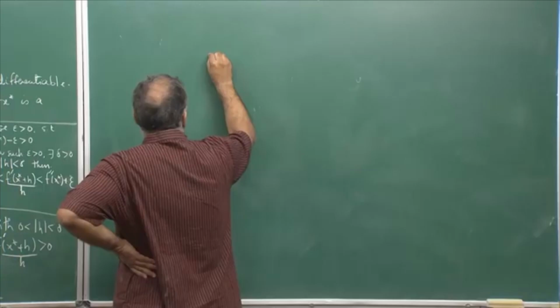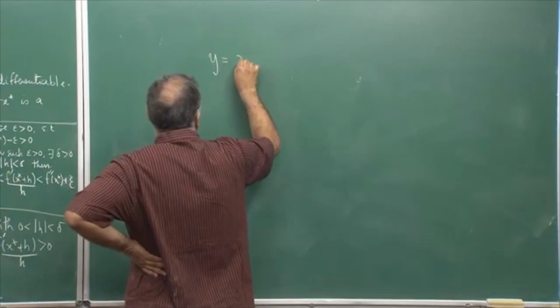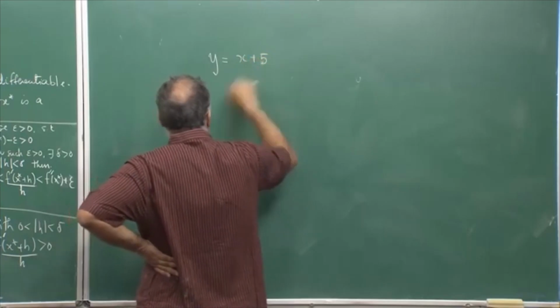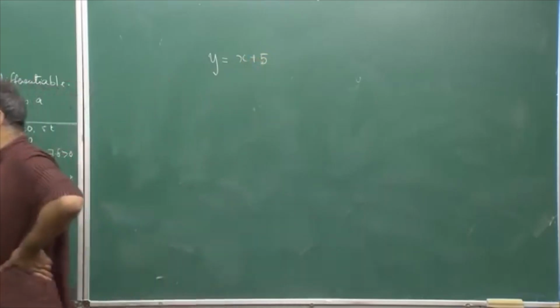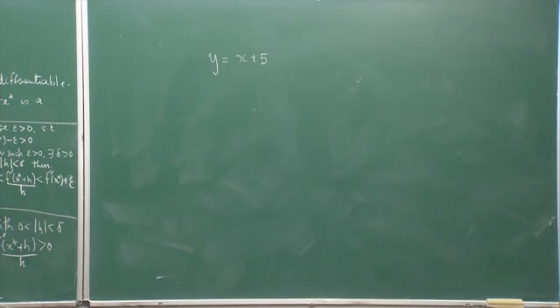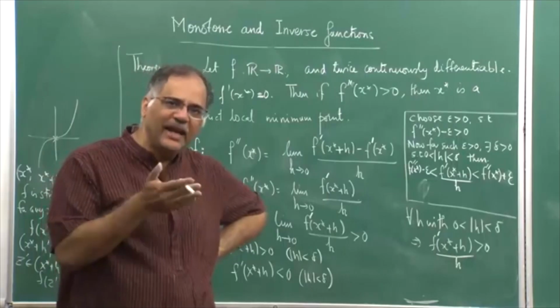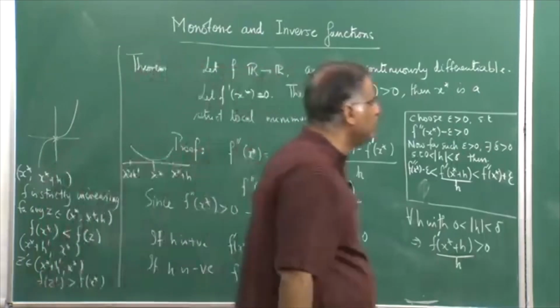For example, if I have y is equal to x plus 5, then to find the inverse function, where y is a function of x, I write x as a function of y.